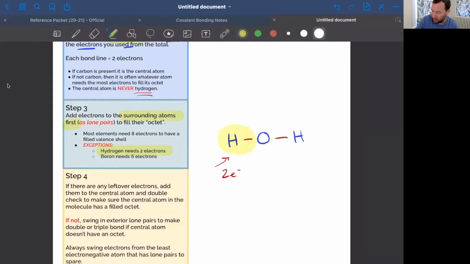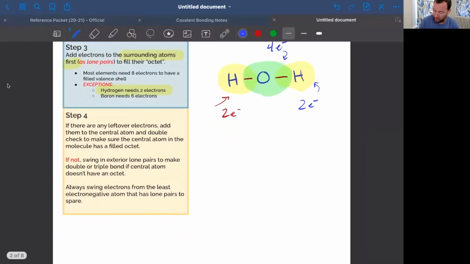And this hydrogen over here has 2 electrons. And the oxygen in the center currently has 4 electrons. So I don't need to add to the surrounding atoms in this particular situation. If the surrounding atoms were anything but hydrogen, I would add to them, right? But I don't need to do that here because hydrogen only requires 2 electrons. So I can skip right past step 3, and I can go down to step 4.